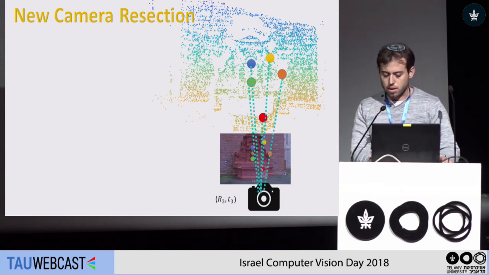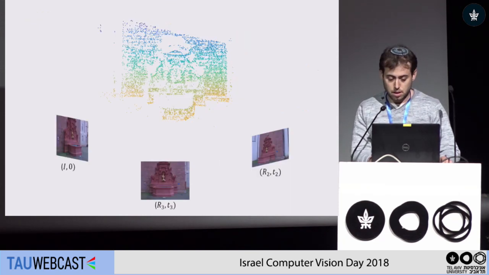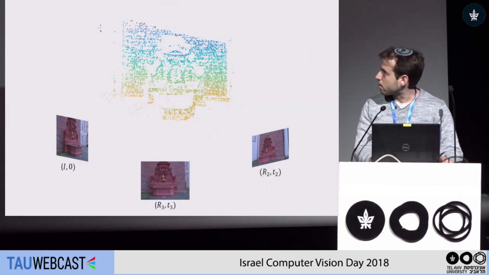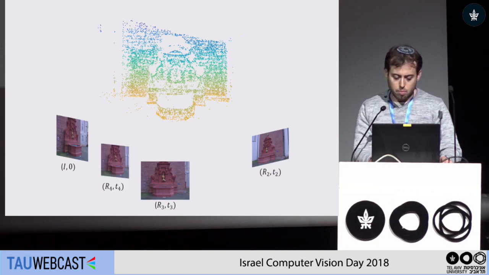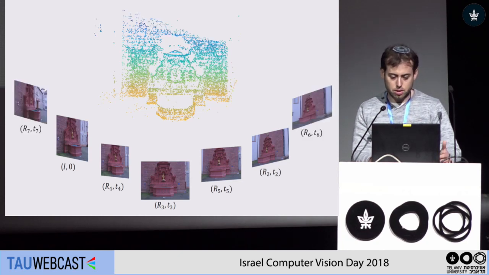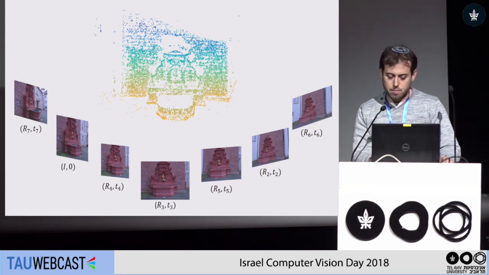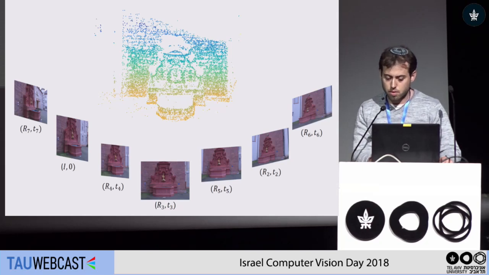This results in the new camera's rotation and translation parameters. Now that we have three cameras, more points can be triangulated to the scene. More images and cameras can be inserted to create a much richer 3D reconstruction. Each time a camera is added, they use only 2D-3D correspondences.